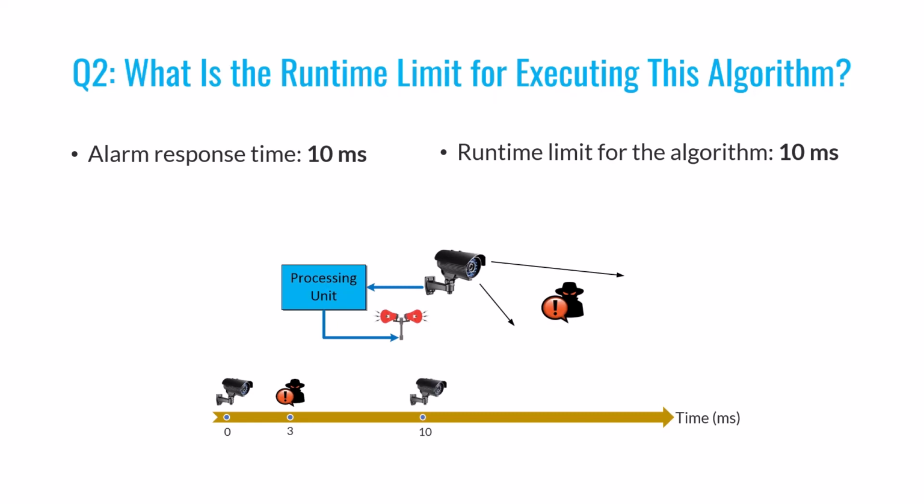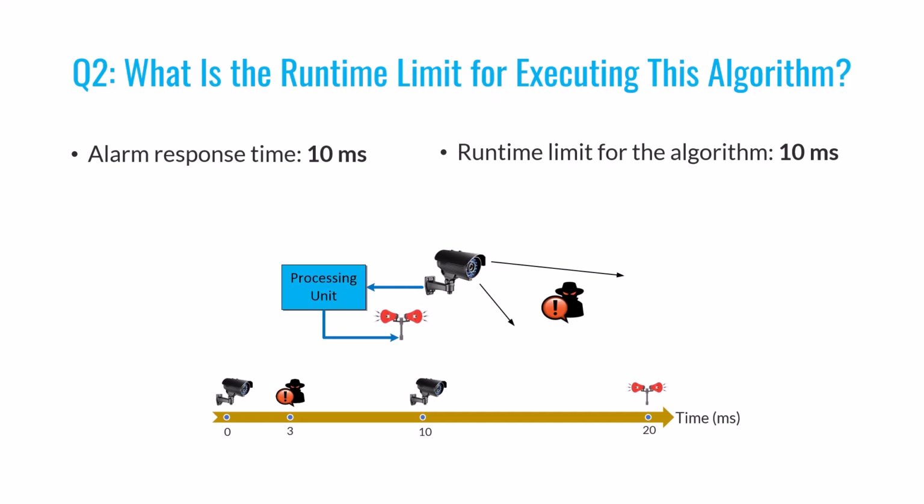It's only after another 10 milliseconds, when new images are captured and processed, that we expect the alarm to sound, as it will now detect the moving object in the camera's view. Now, we need to figure out how much time has passed from the moment the moving object came into view of the camera until the alarm actually went off.